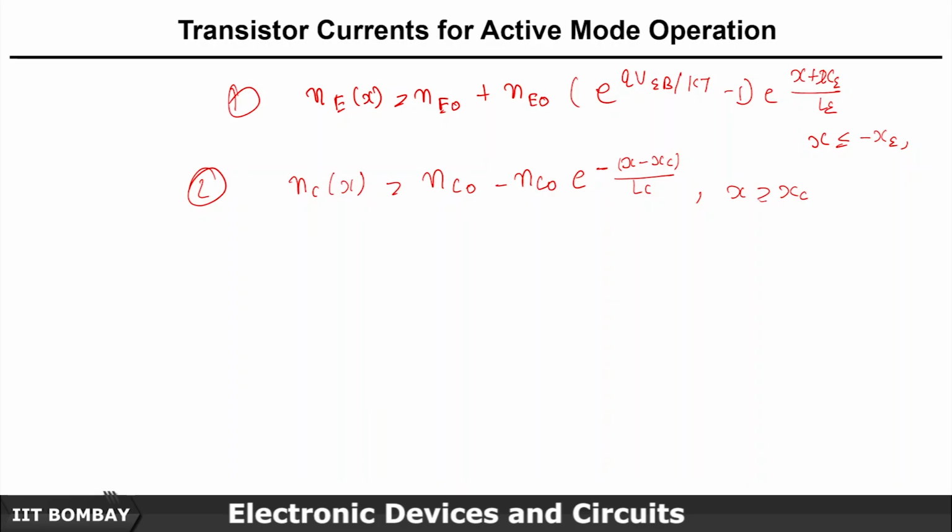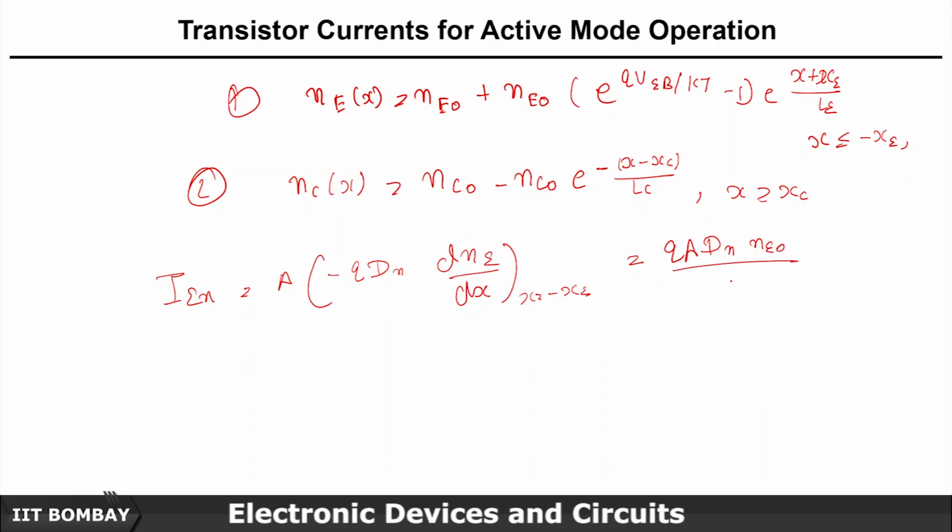If you do the same thing here, take a derivative, the expression for IEN is equal to minus QDN times the derivative of NE(x). Here it will be DN, in the earlier case it was DP, the diffusion constant. Taking the derivative at x is equal to minus XE, the current comes out as QADN NE0 divided by LE, times (e raised to power QVEB by KT minus 1).